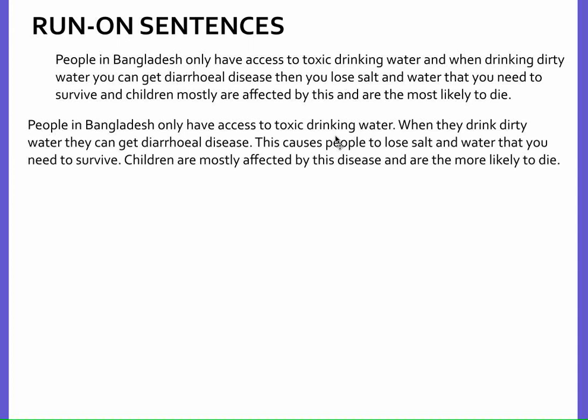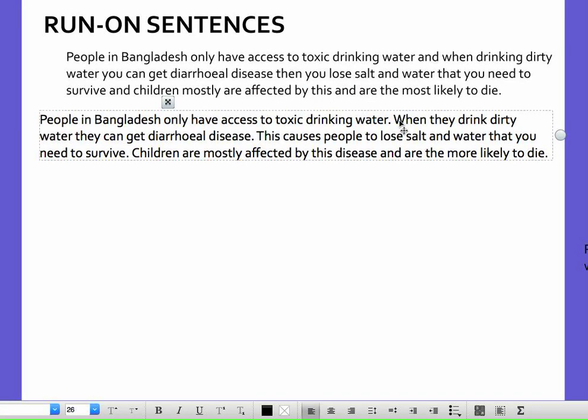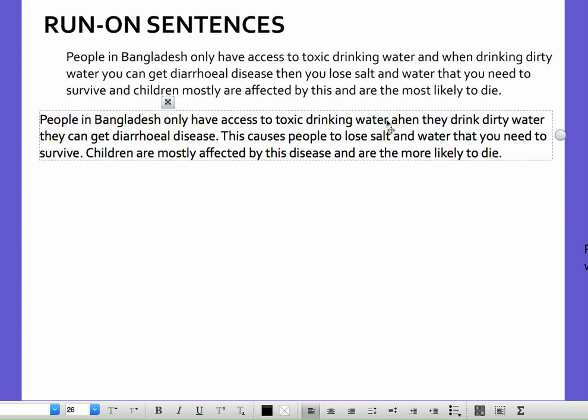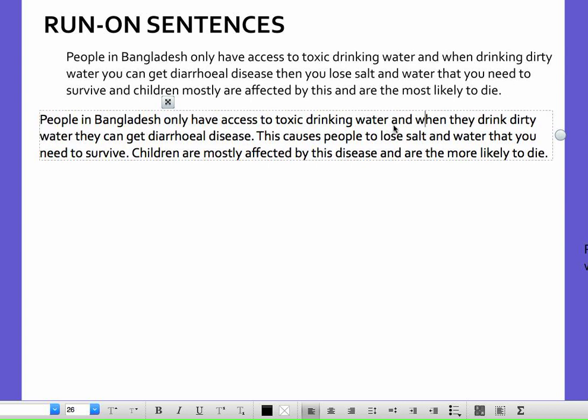So I have several periods in here. I bet I could have changed some of this so that I didn't have as many periods. Like people in Bangladesh only have access to toxic drinking water, and when they drink dirty water, they can get diarrheal disease. So if I change this right here and just said and, that is fine.